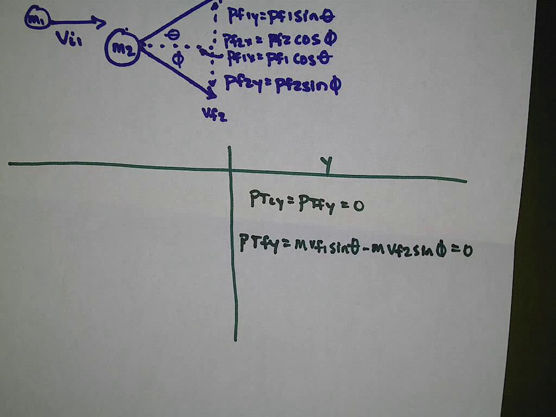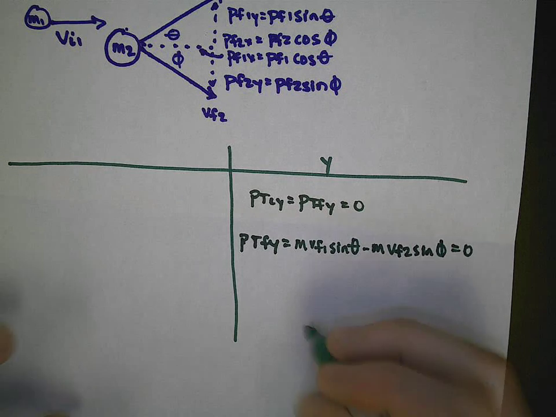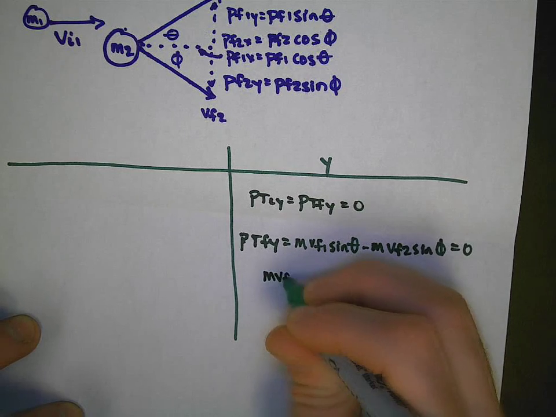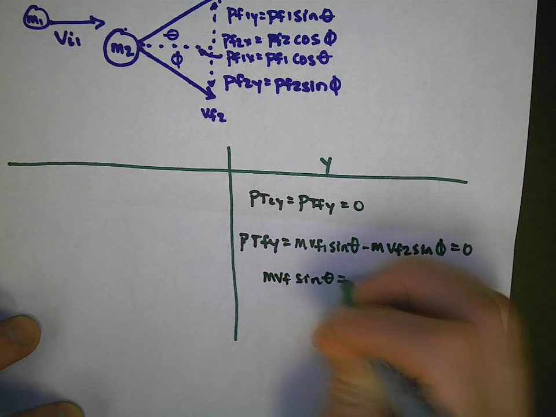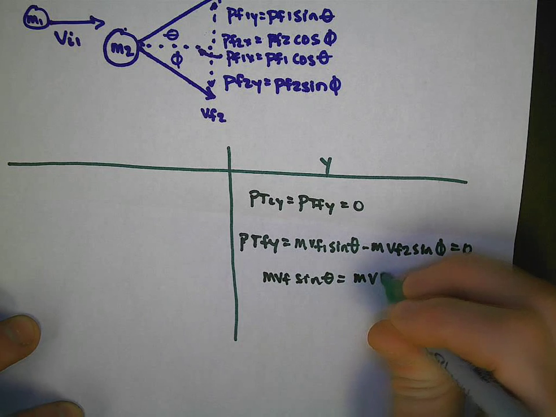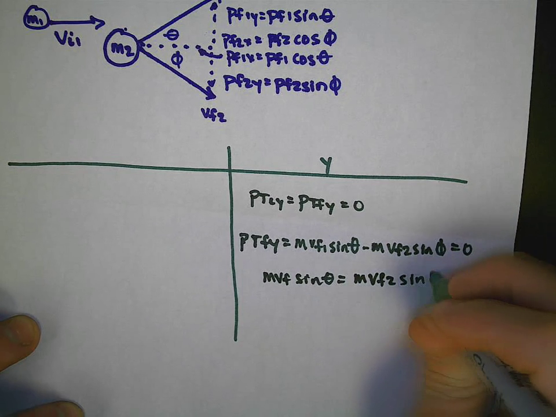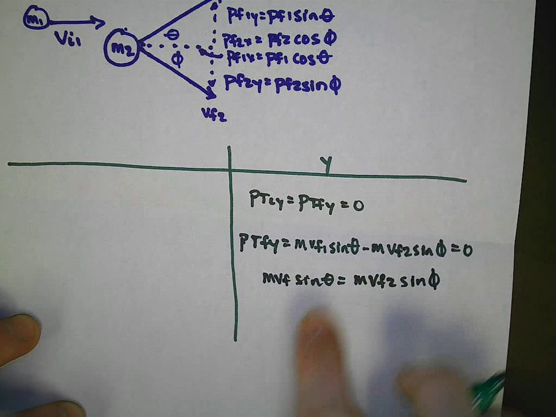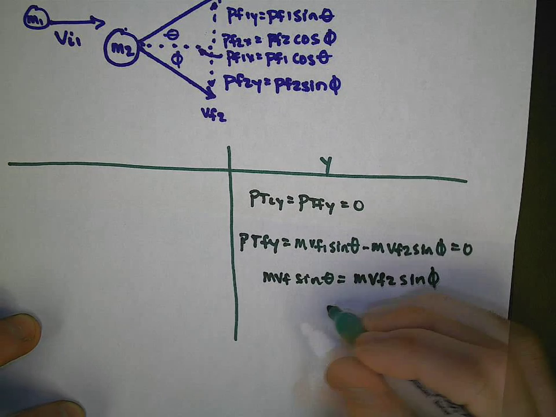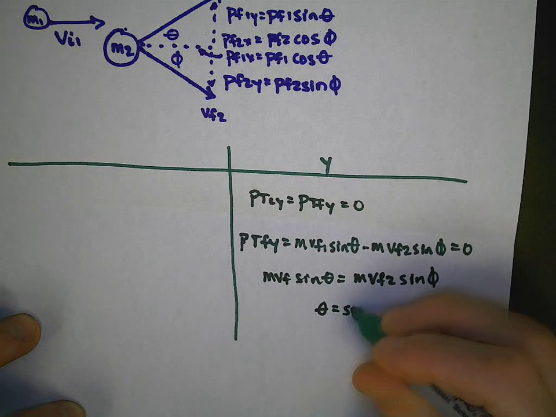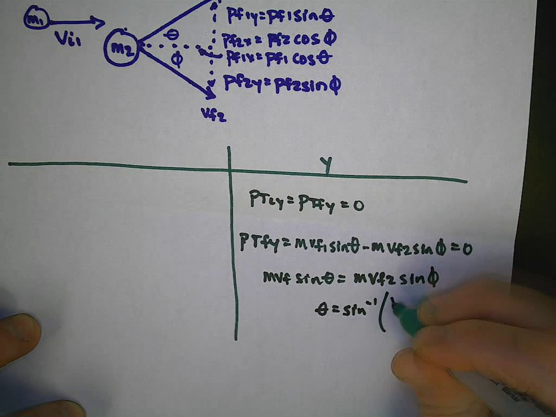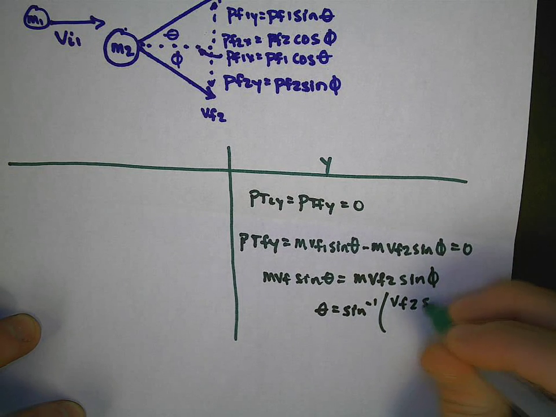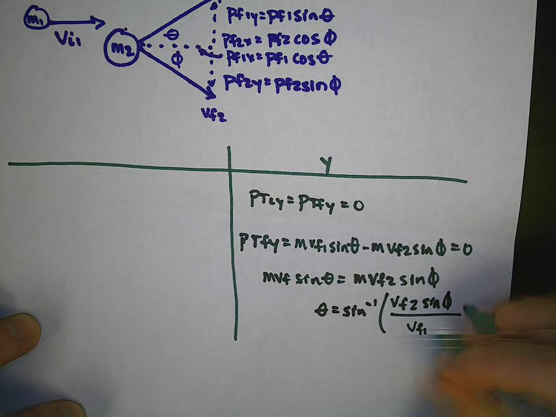Rearranging this a little bit, what we end up getting is that m vf1 sine theta is equal to m vf2 sine phi. And if we were to solve for theta in this case, it would be equal to sine inverse of Vf2 sine phi all over Vf1.